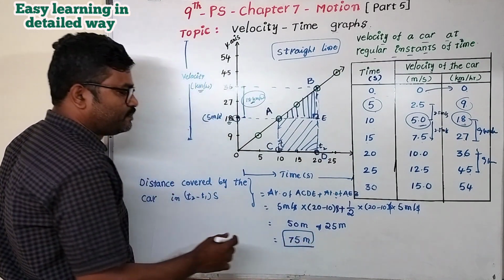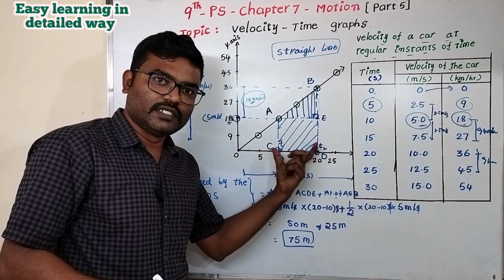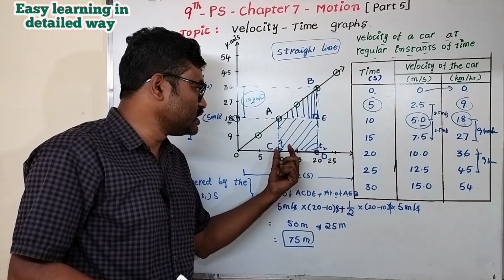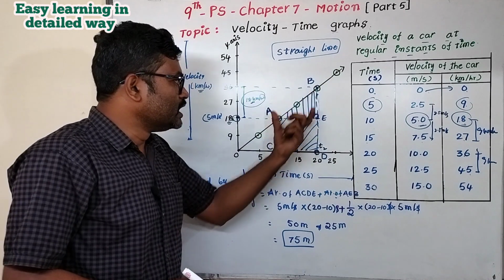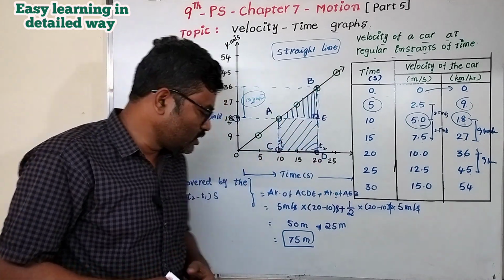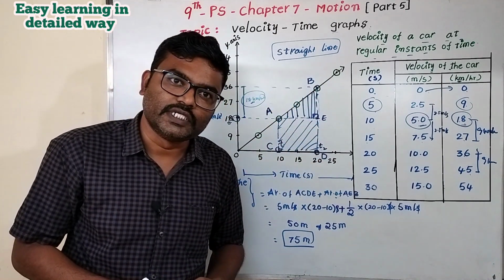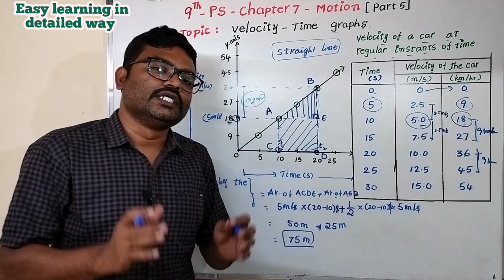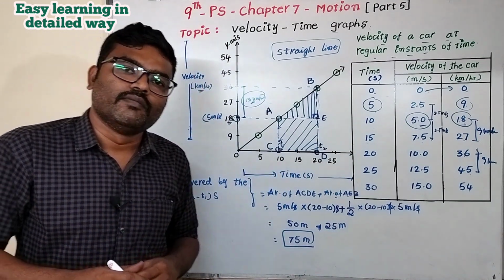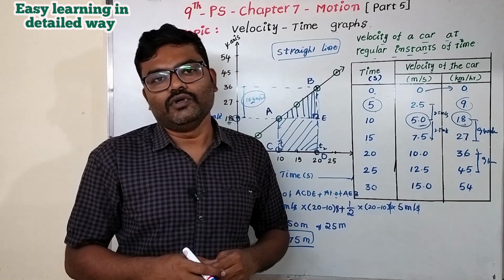So in this time interval, 10 seconds, T2 minus T1 from point A to B, the distance covered by the car is 75 meters. In this way, from this graph we can find the distance covered or magnitude of the displacement.